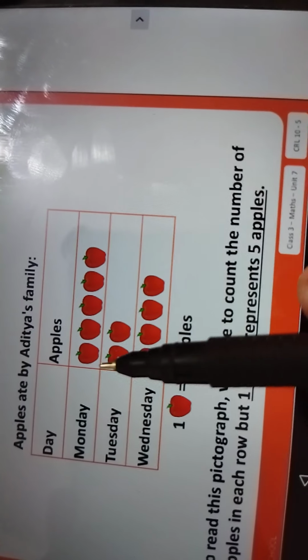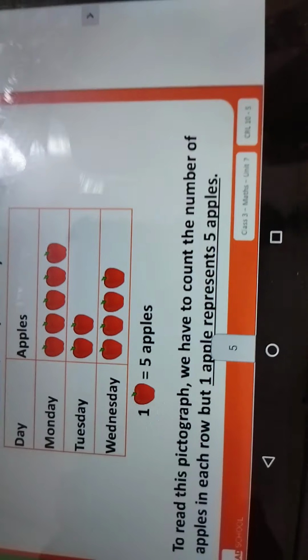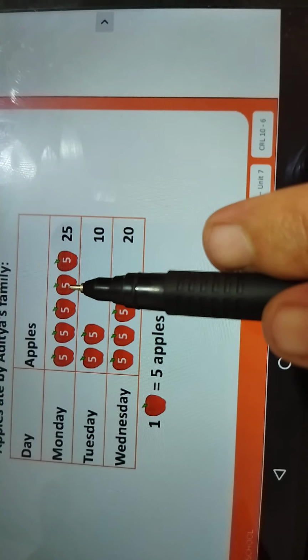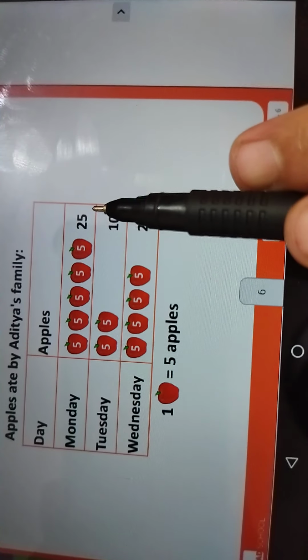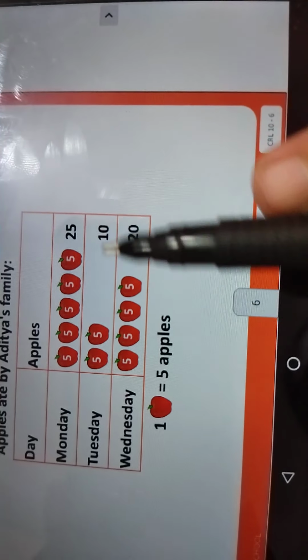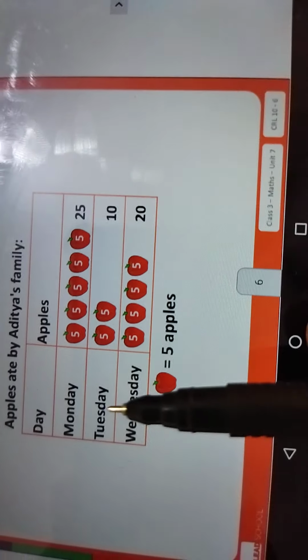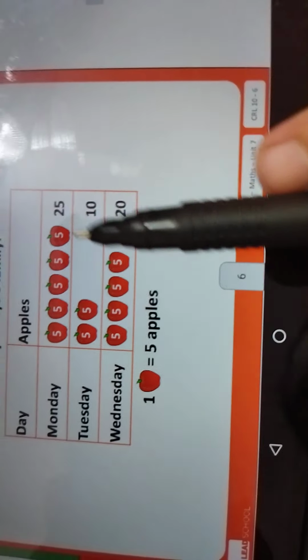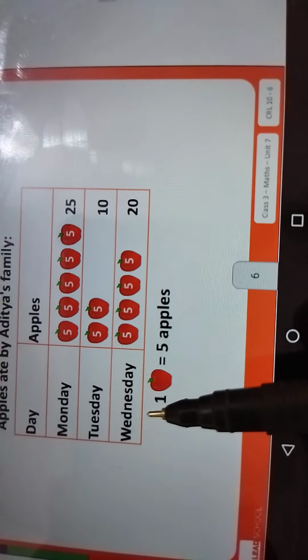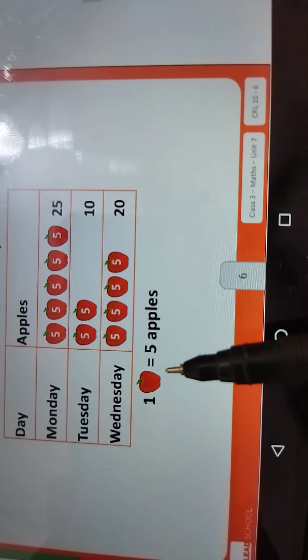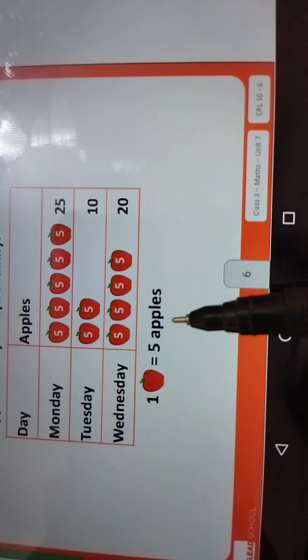So 5 plus 5 plus 5 plus 5 plus 5 is 25, 5 plus 5 is 10, and 5 plus 5 plus 5 plus 5 is 20. So on Monday 25 apples, on Tuesday 10 apples and on Wednesday 20 apples. So that shows that 1 apple is equal to 5 apples.